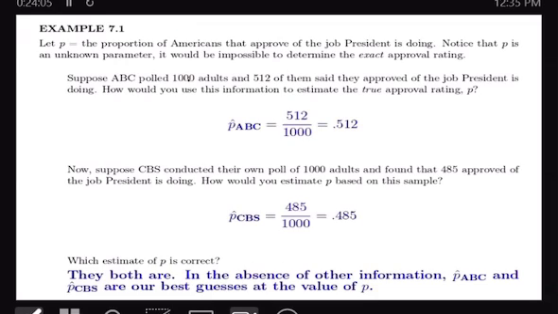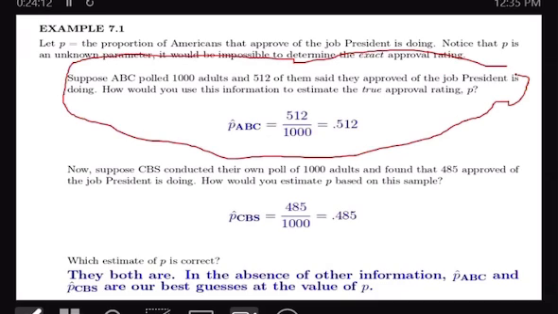A station like ABC, which is a news channel in the United States, polls 1,000 adults randomly and asks them the question: is the president doing okay?